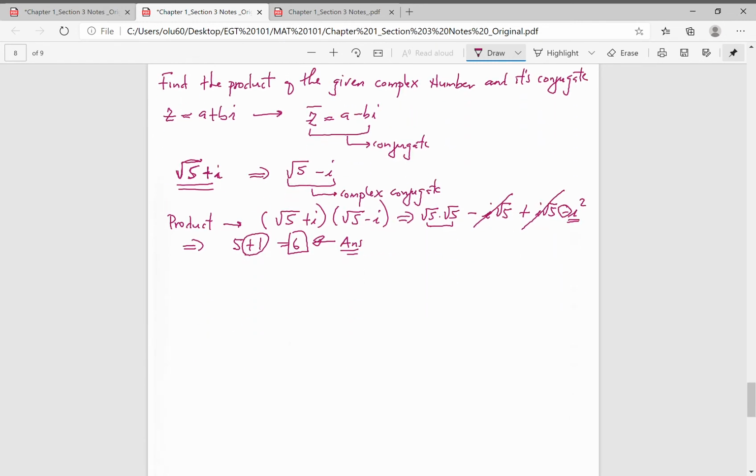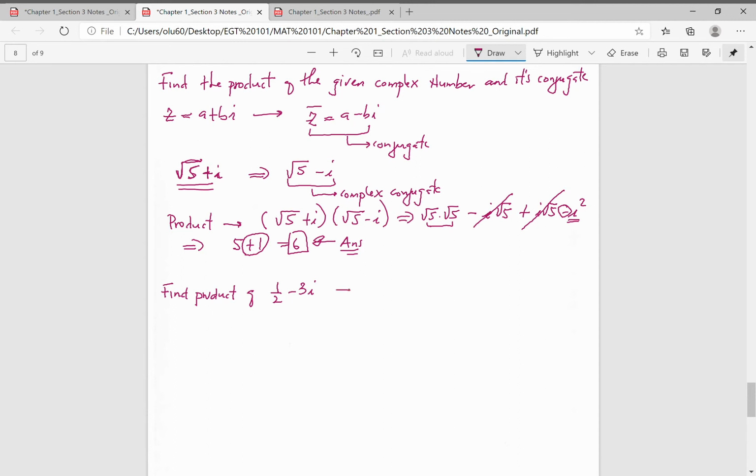Let's try another one. So we have here, we have to find the product of 1 over 2 minus 3i.